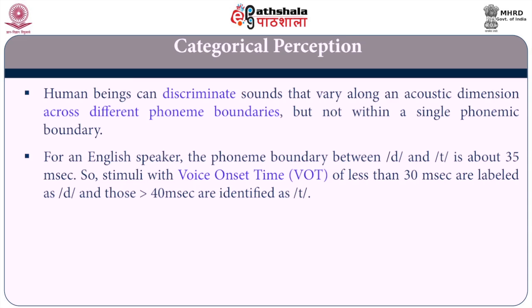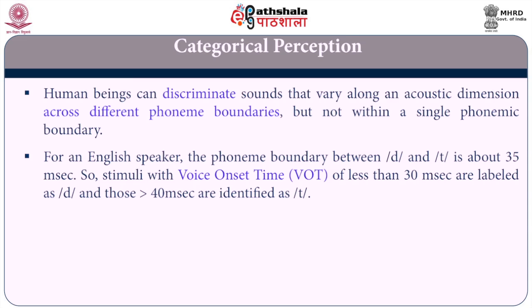So, if you give to the ear a synthetic syllable with a voice onset time of less than 30 milliseconds, all English speakers call it da, and if it is more than 40, they'll call it ta. I told you voiceless plosives have higher voice onset time, voiced plosives have lower voice onset time.